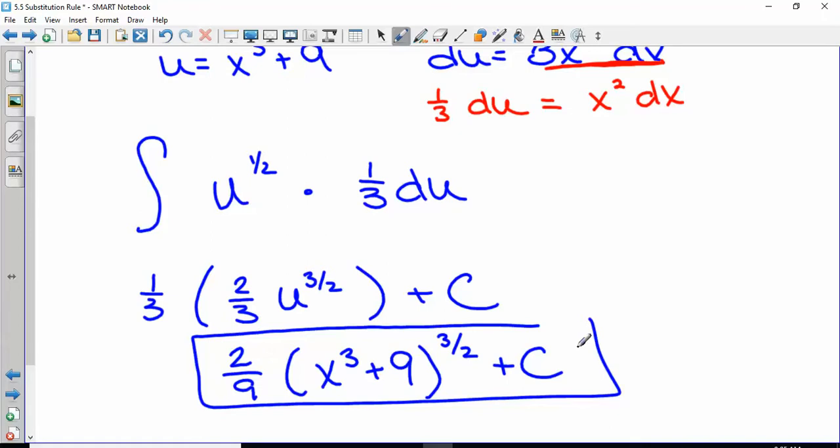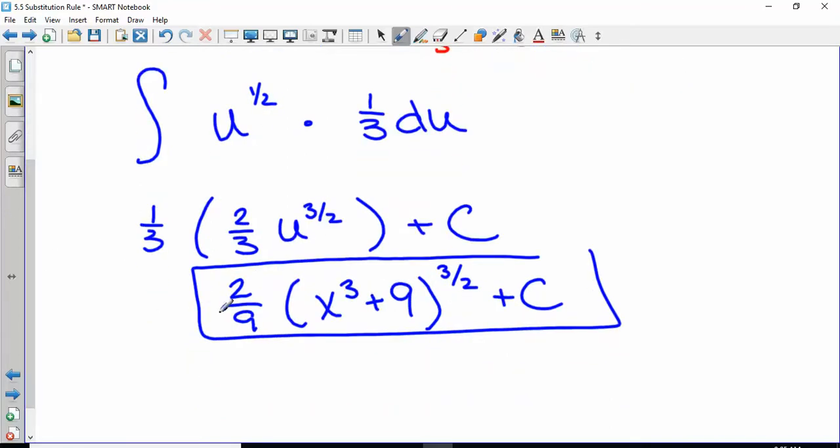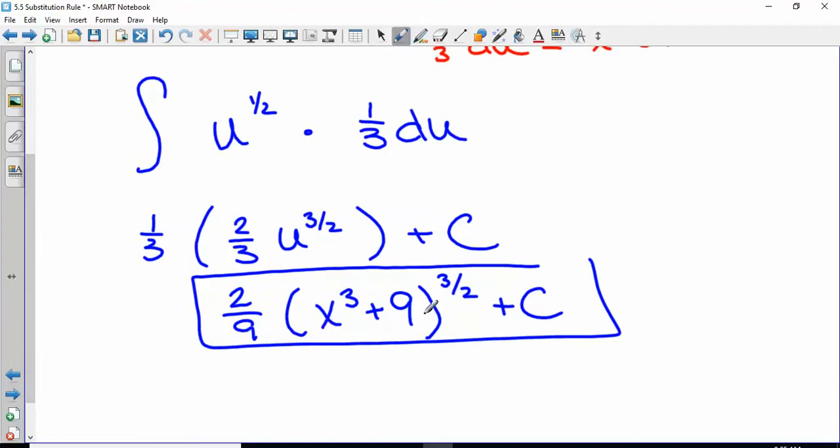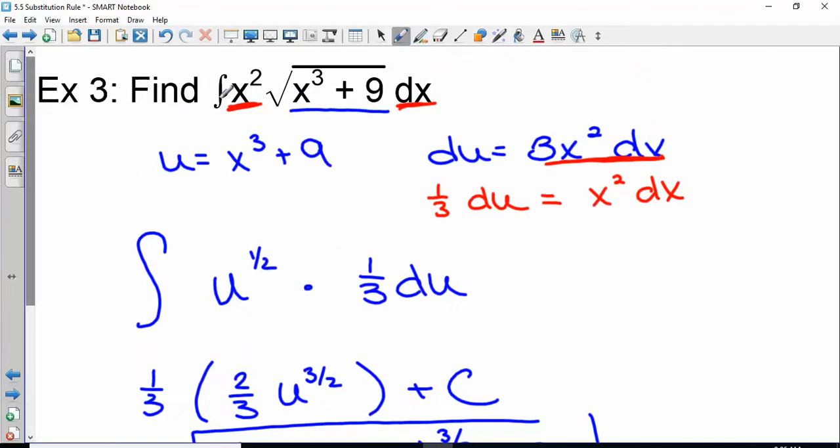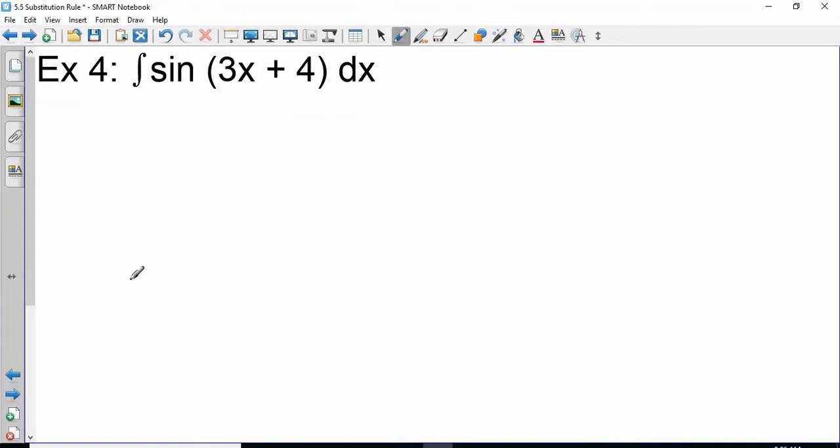So far, so good. And if you want to check it, guys, all you have to do is take the derivative of this. 2/9 times 3/2 is 1/3. x cubed plus 9 to the 1/2 times 3x squared. And 1/3 times 3 would cancel, and you get your x squared times the square root of x cubed plus 9.